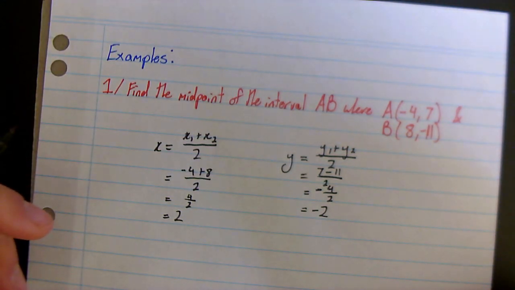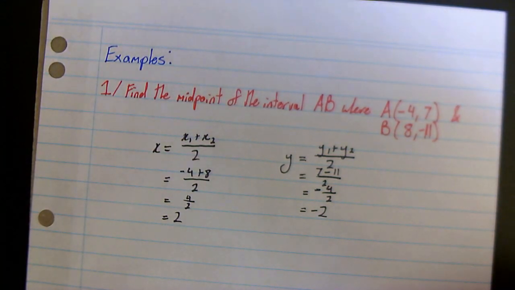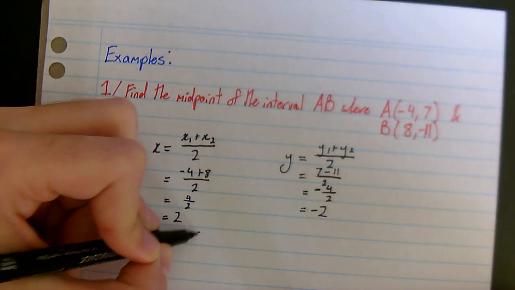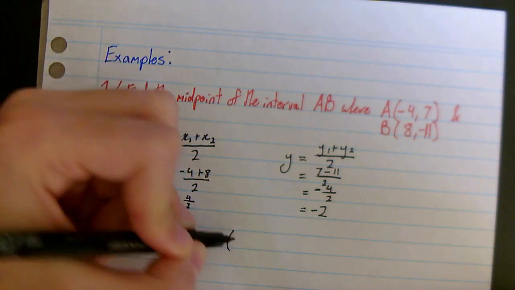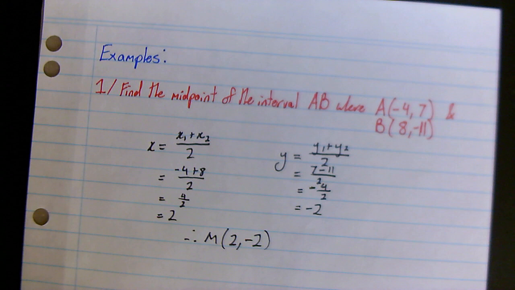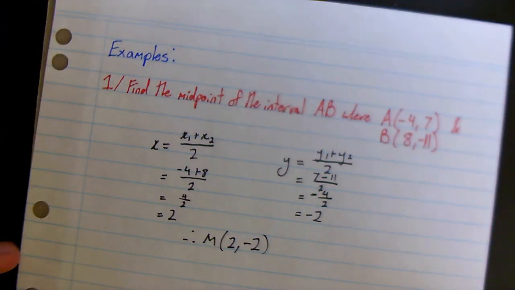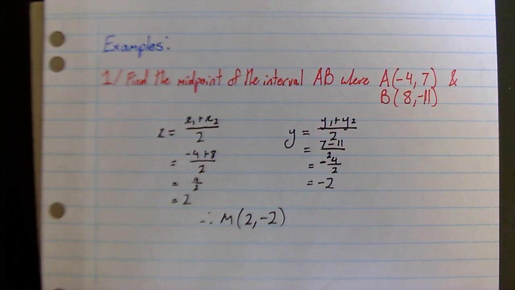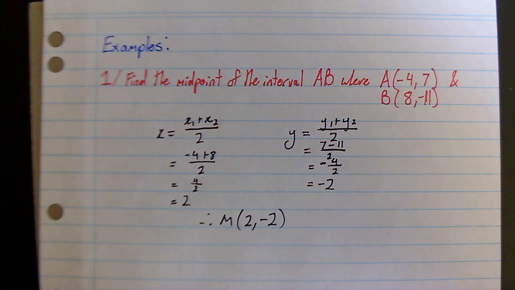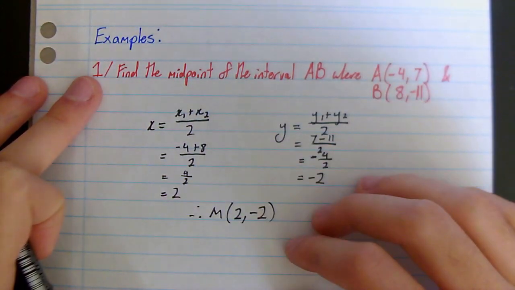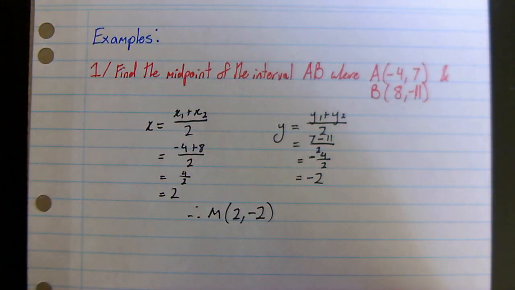So we've got our x and y coordinate of the midpoint. So we make a statement, therefore the midpoint is (2, -2), our x coordinate followed by the y coordinate. Hopefully nothing too difficult over here. It's a very, very simple example, but you want to be aiming for 4 marks for all these types of questions because they're not too difficult.